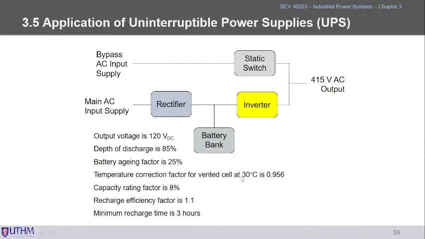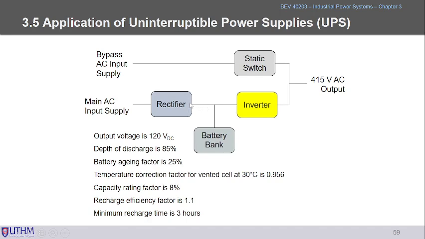Let's go to this one, the block diagram describing the UPS system. So we have the rectifier, we have the inverter, and we have the battery in between. That's why just now we have the IDC here.